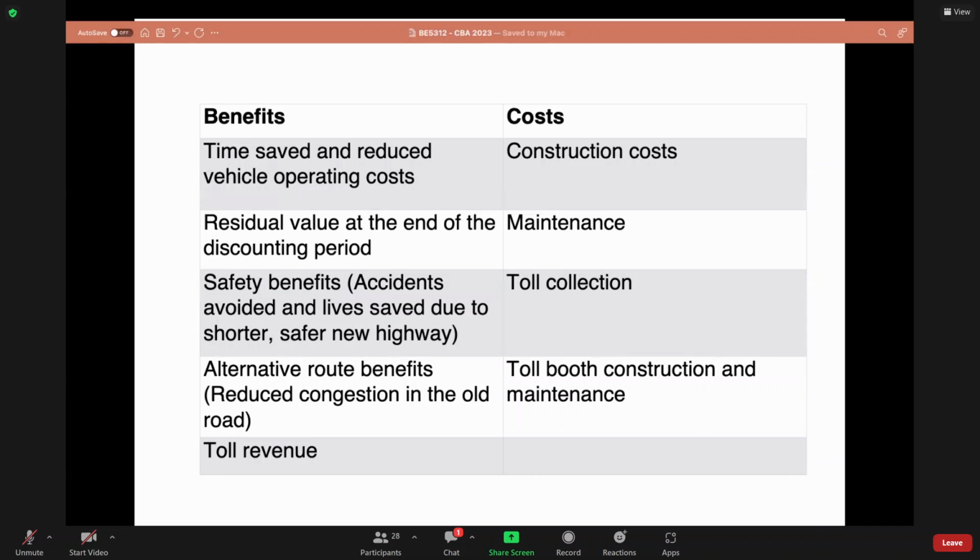There can be certain safety benefits, say accidents that you avoid or lives that you might save because of a safer new highway or a shorter new highway. There can be benefits on the alternative routes due to reduced congestion and things like that. And if you're going with the tolled option, there will be revenue from tolls as well.